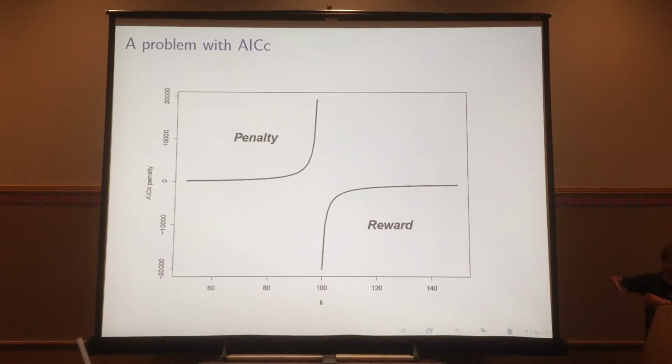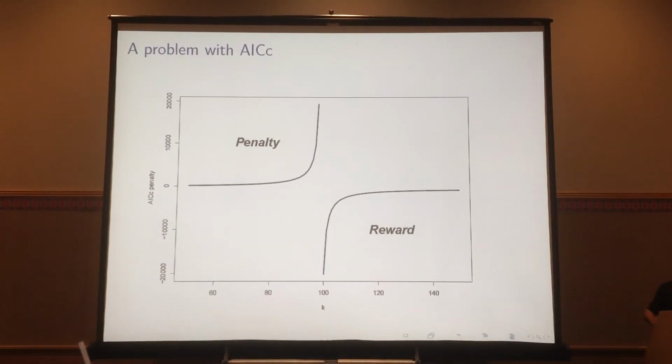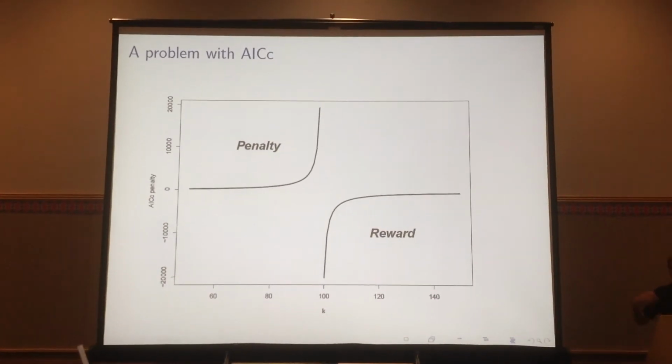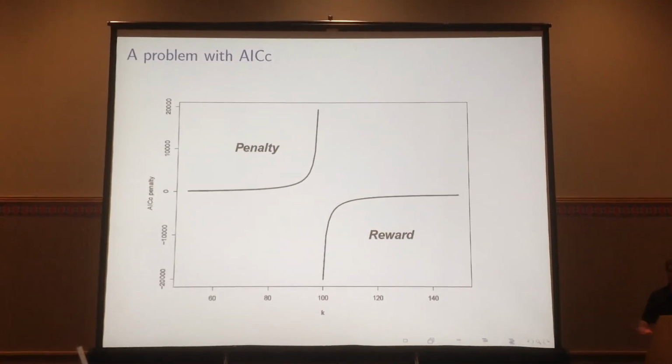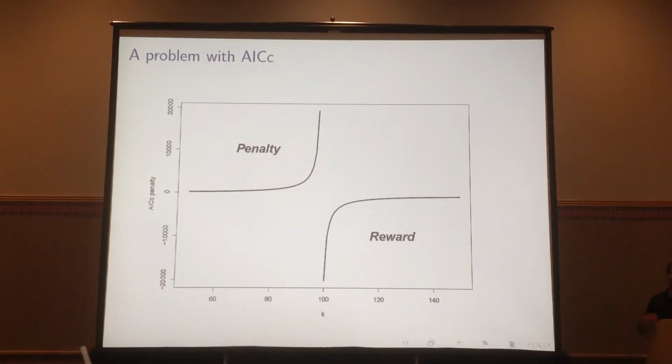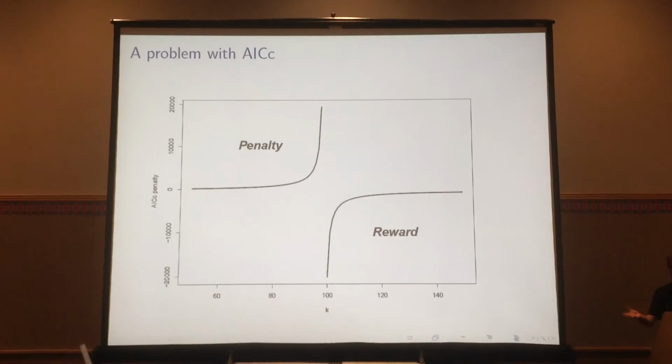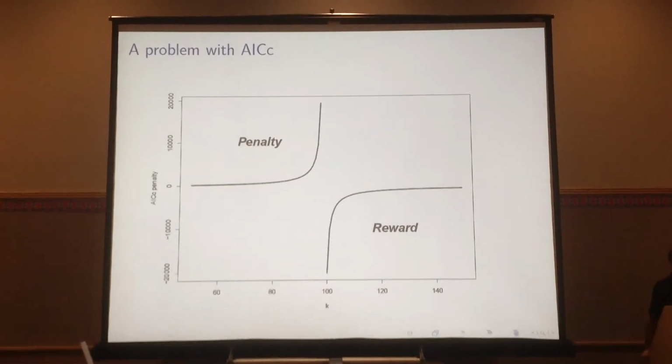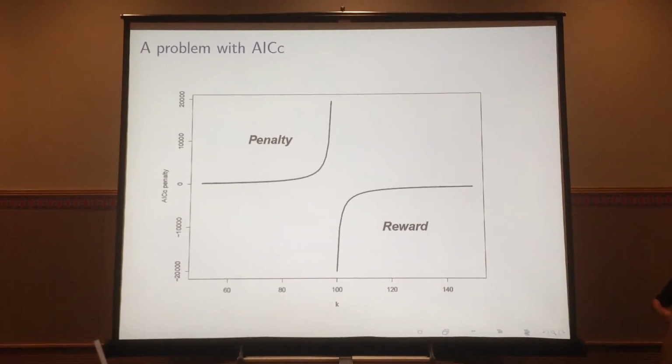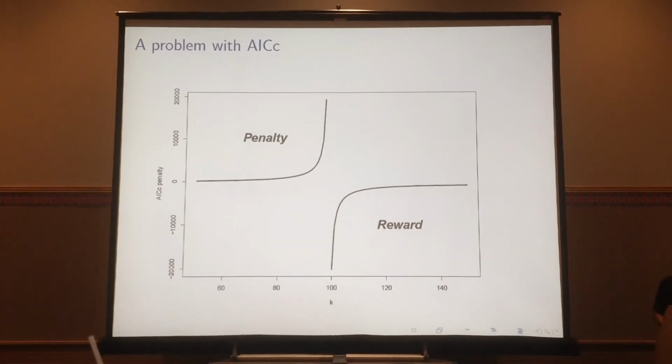So we are on the reward side, where for more parameters we use, we get exactly the opposite of what we want to do with AIC, which is to penalize too many parameters.